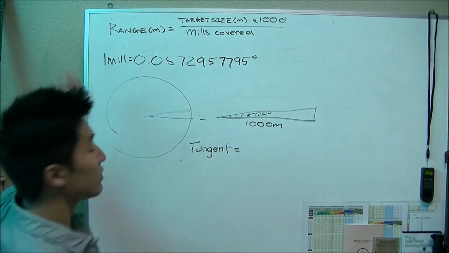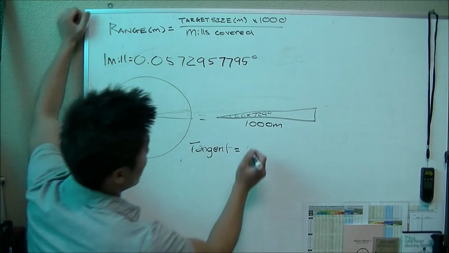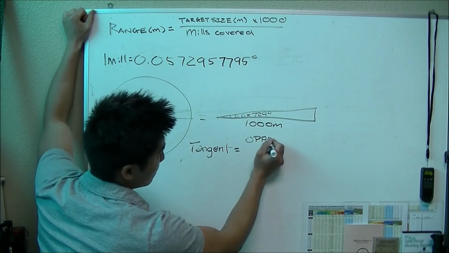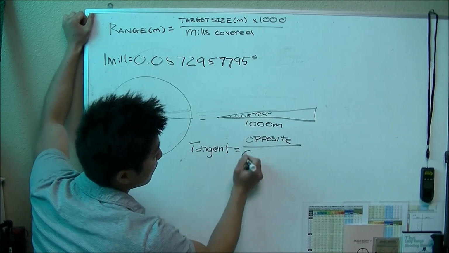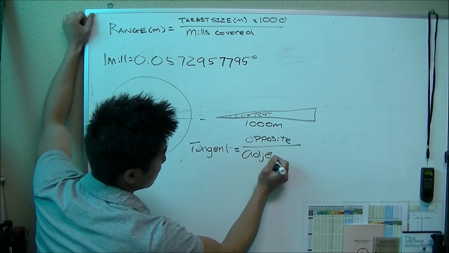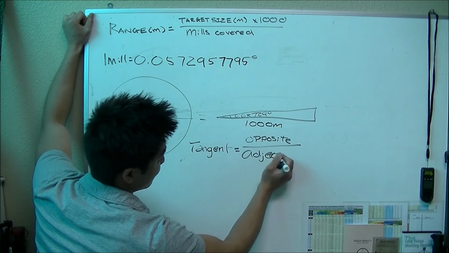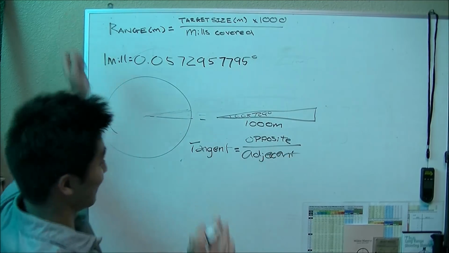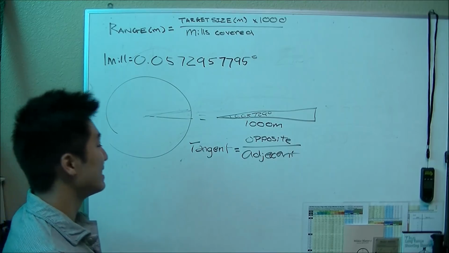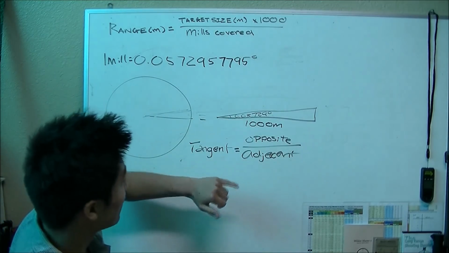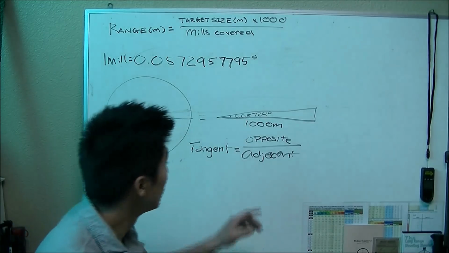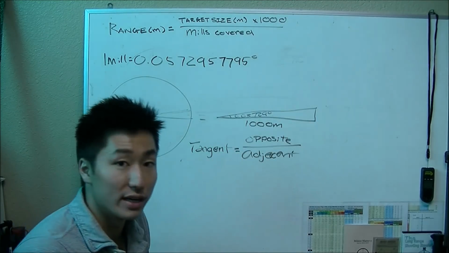Now tangent is also a ratio. It's just going to be the opposite over the adjacent. Okay, I can't spell. So basically what that means is that tangent, when we put in this degree, is going to give us the ratio of the opposite over the adjacent.